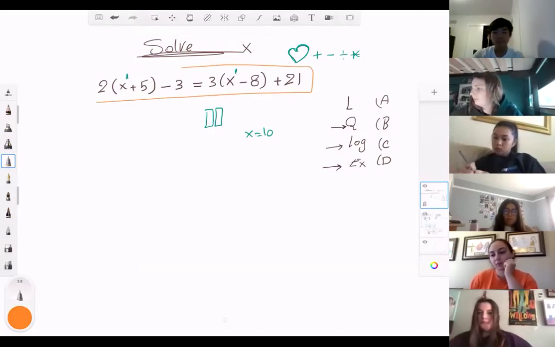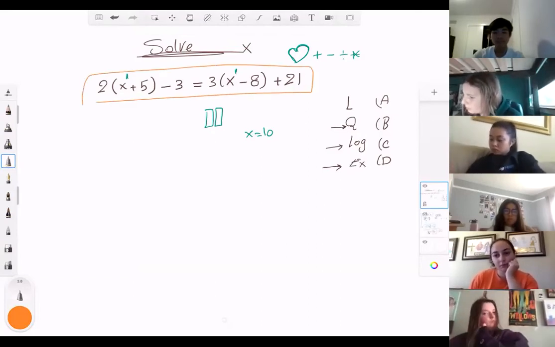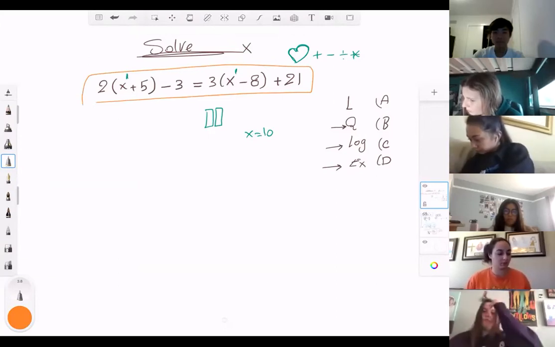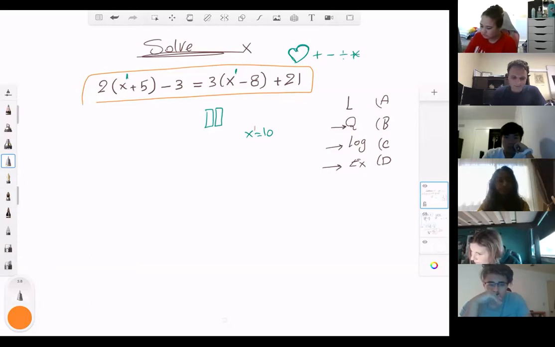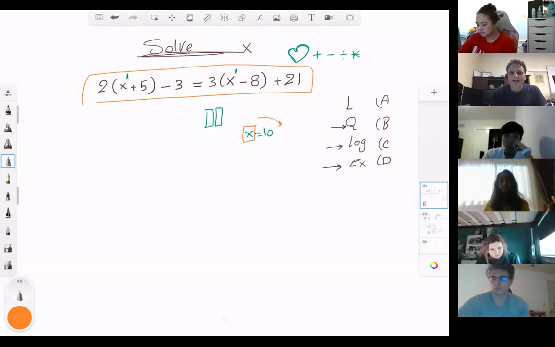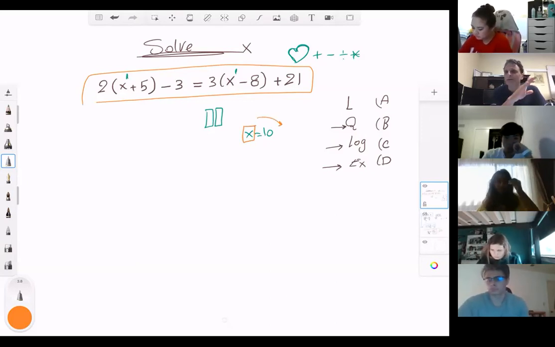So we're going to solve. It looks a little complex. I know you guys don't like it compared with the first question, but definitely we need to have x on one side and everything else on the other side. With a little mistake, you're never going to get the correct answer.